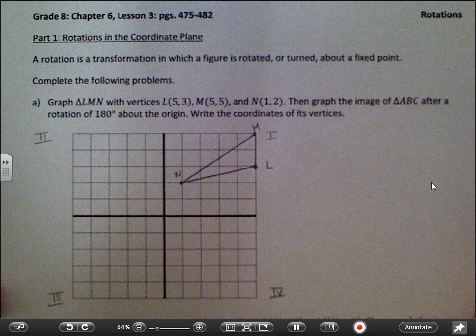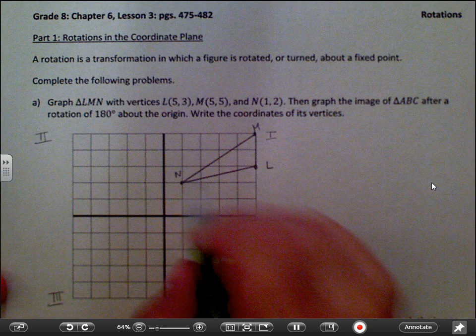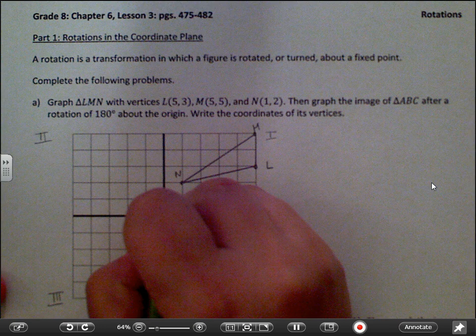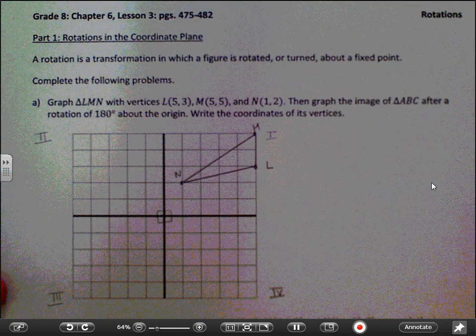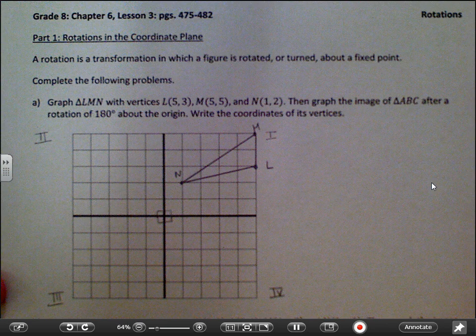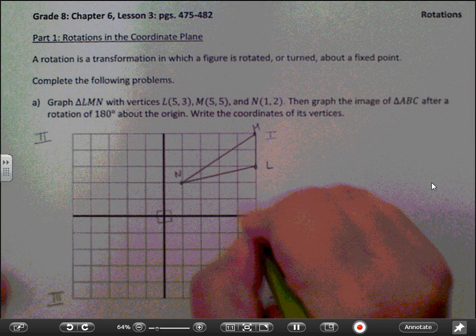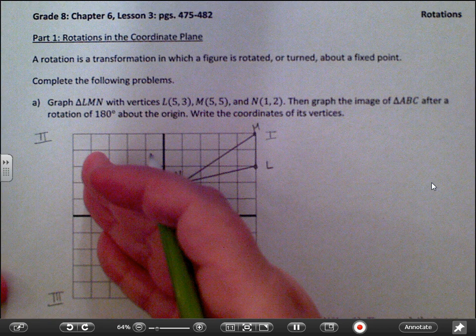Now we are rotating 180 degrees. Each quadrant represents 90 degrees, simply because that's a right angle. Here's another right angle, and another, and another. These are all 90 degrees. If this were 0 degrees here, to rotate it 90 degrees would mean to move to the quadrant to the left.